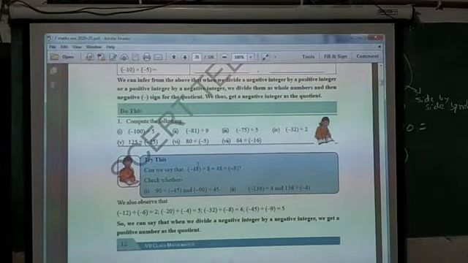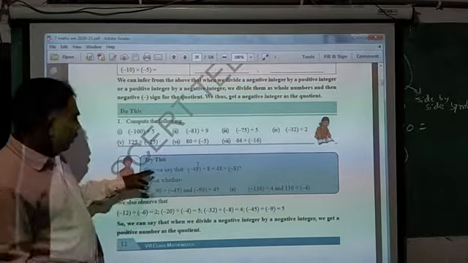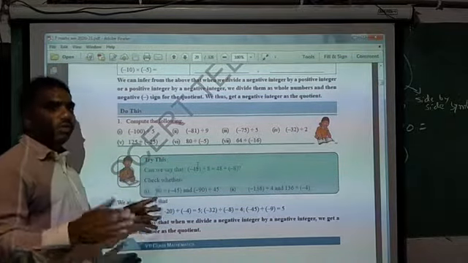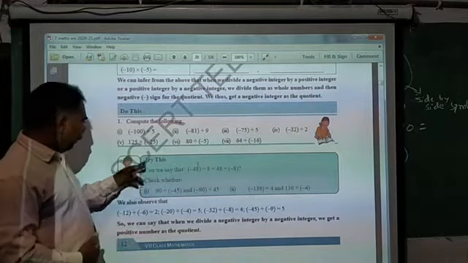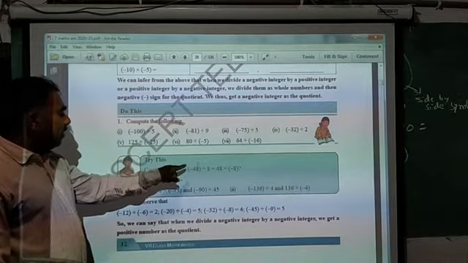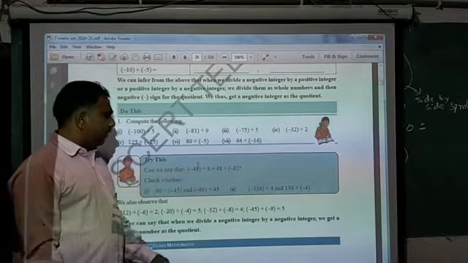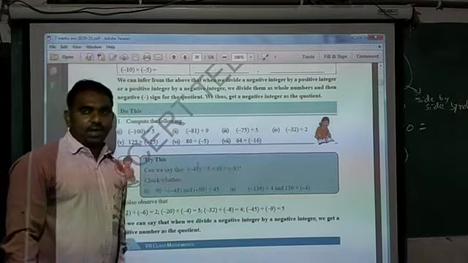And one more here you see. There is one, Try This, on page number 12. If you can watch here, you can watch. If you can't, you can take your textbook and see. Can we say that minus 48 divided by 8 is equal to 48 divided by minus 8 or not?